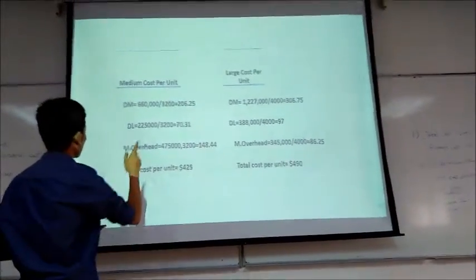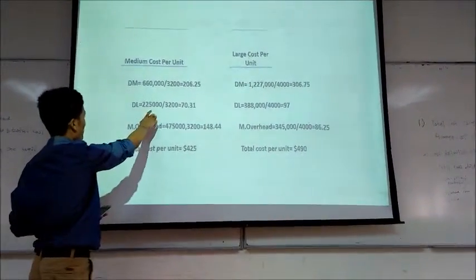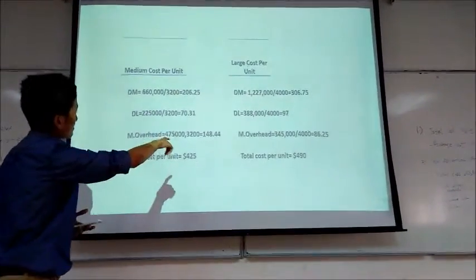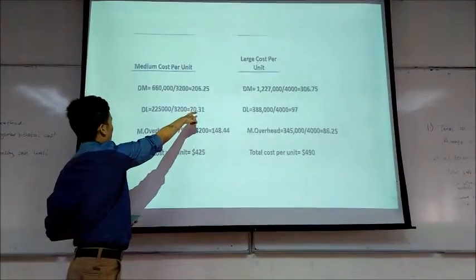And to calculate the direct labor, we have to divide 225,000 by 3,200, and you get 70.31.